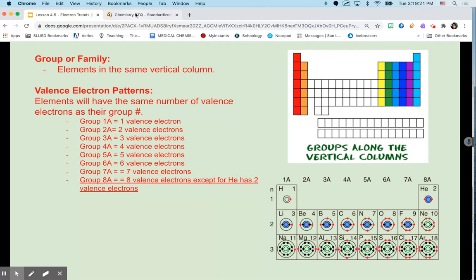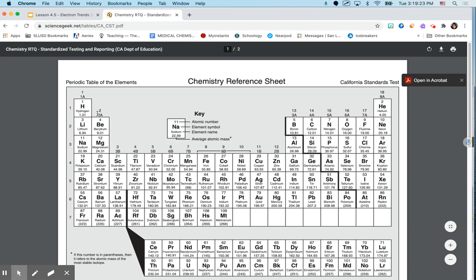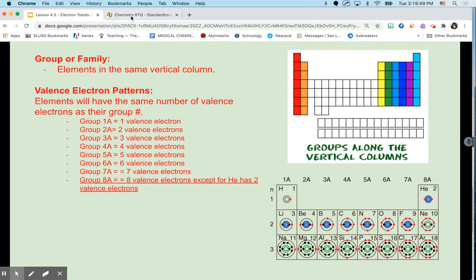If I was looking at an actual periodic table, all of these elements are in the same group or family. And all of these ones underneath the number 2 and 2A are in the same group or family. Sometimes they're called group, sometimes they're called family. I will probably call them a group because that's just what I've been taught and what I'm used to.